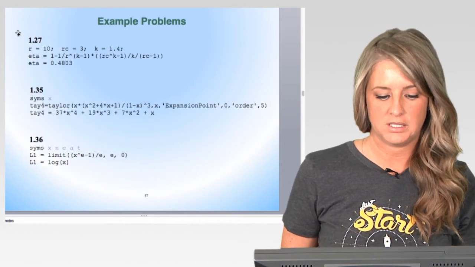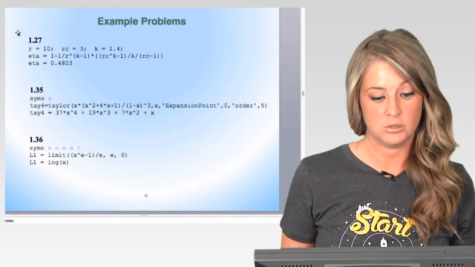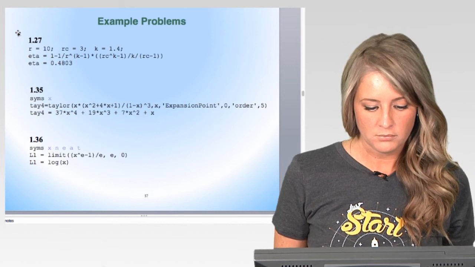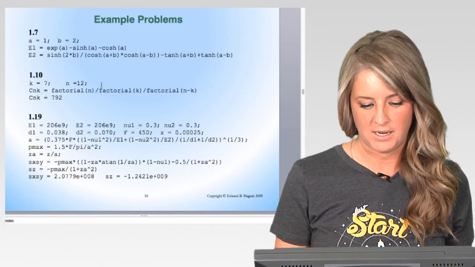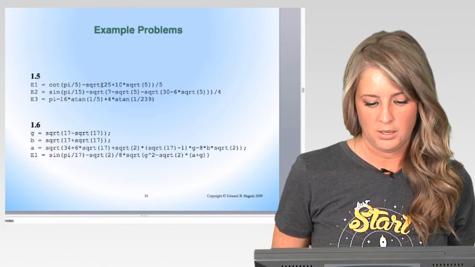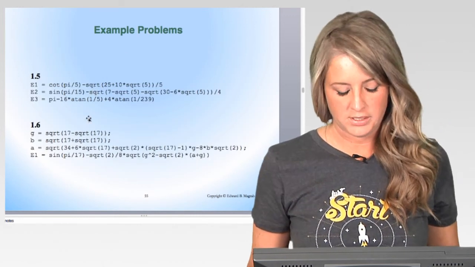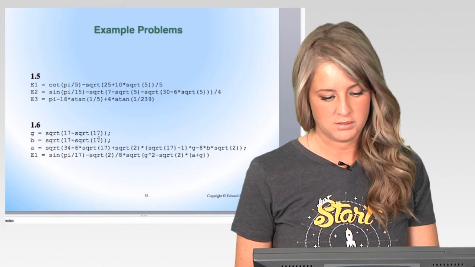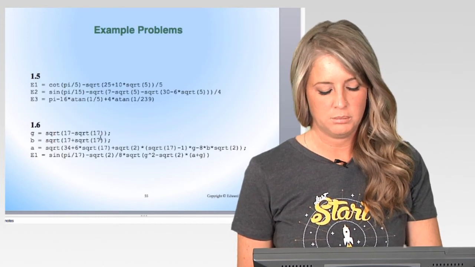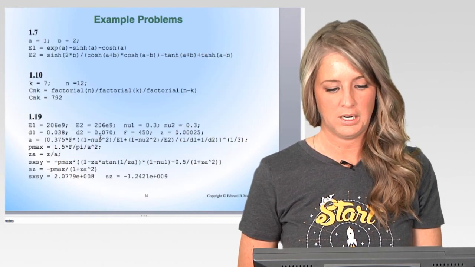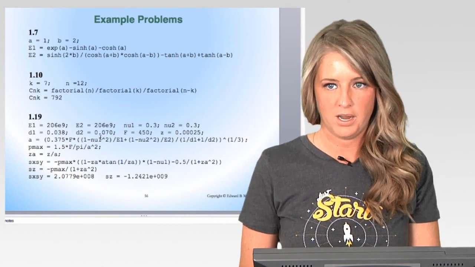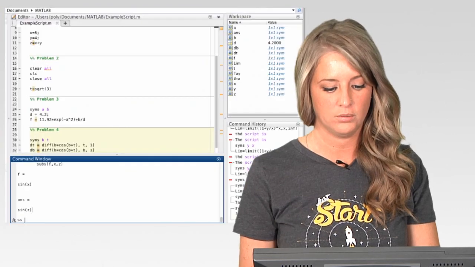And so these give you some examples of how to do that. Here are some syms examples. You'll have the use of factorial, your sines and cosines, your trigonometrics, square roots. So definitely be sure that you go through and attempt these problems so that you can gain a really good understanding of just how to use MATLAB in general.